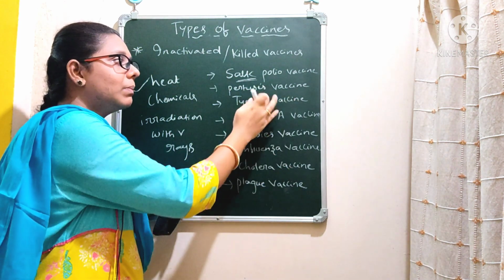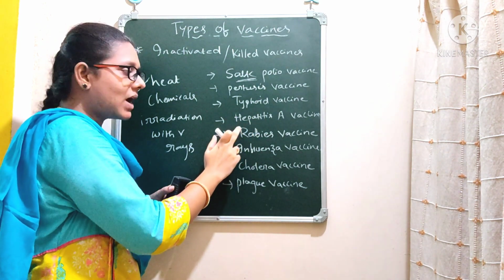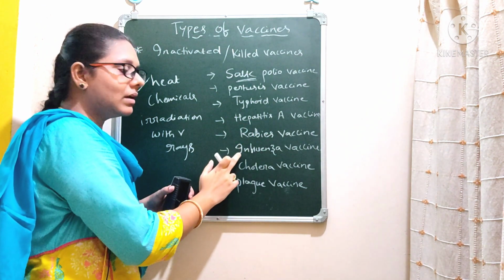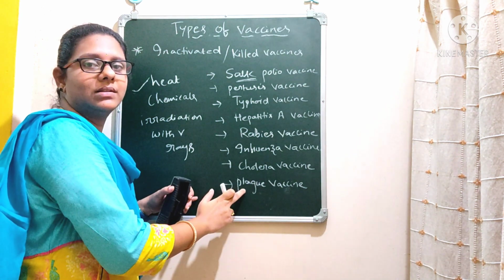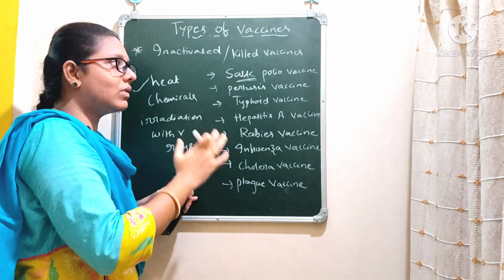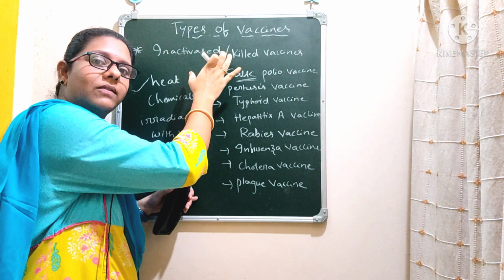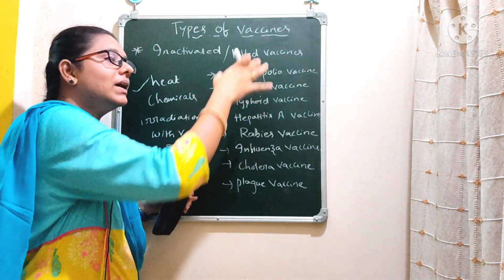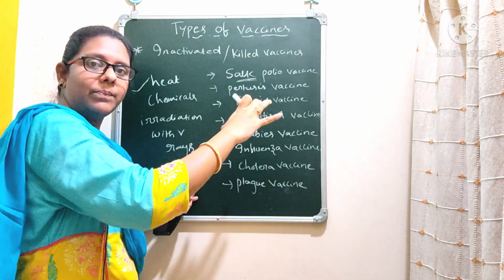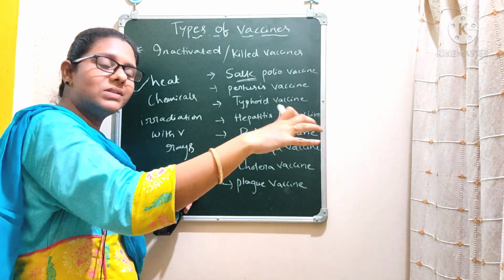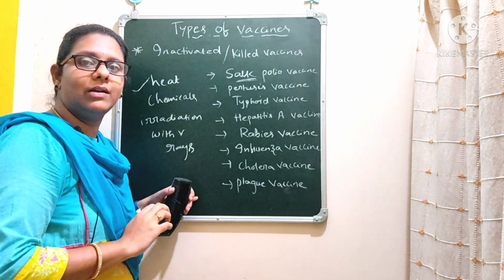And the other vaccines are pertussis vaccine, typhoid vaccine, hepatitis A vaccine, rabies vaccine, influenza vaccine, cholera vaccine and plague vaccine. See, all these vaccines were based on the concept of either inactivating the organism or killing the organism, right? Though we kill the organism, when it is introduced into the host, it will be recognized as a foreign particle. This is about the killed vaccines.